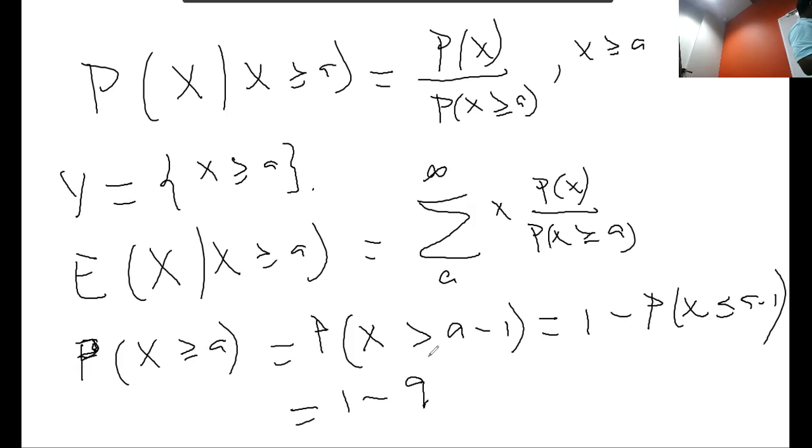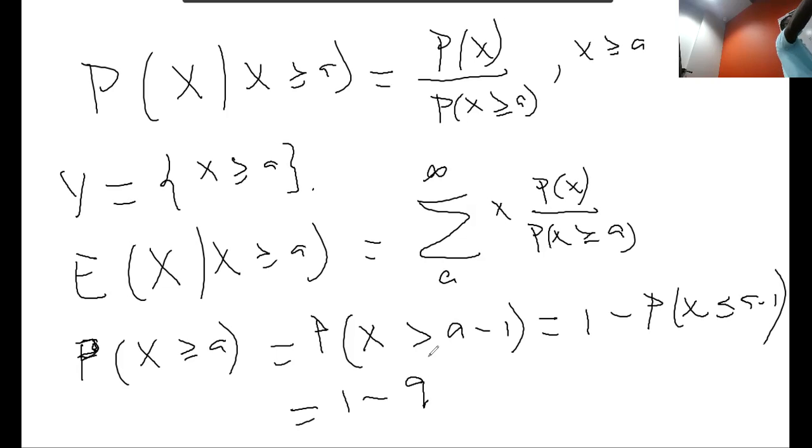But when you are doing this, f of x less than or equal to a equals a plus 1 here. Then p of x greater than or equal to a will be 1 minus q to the a.